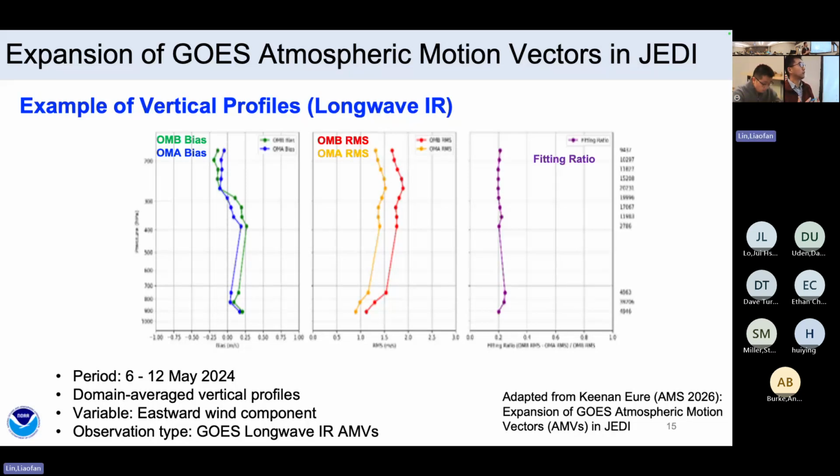In short, we want the OMA, the observation minus analysis, to have a reduced root mean square error compared to the OMB, which is before the DA, while OMA is after DA. As you can see here, the orange line has a smaller root mean square error compared to the retro run without the DA, or before DA. The bias is also slightly reduced. It shows how JEDI provides effective DA for this case.